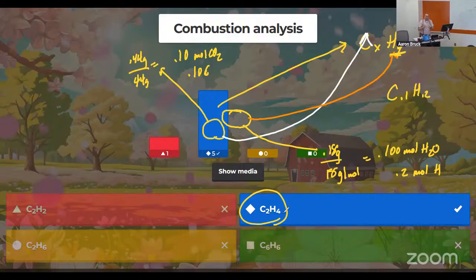But they're giving you that information so that it's easy to see what it is that you need to do. So be on the lookout for that kind of thing. If a problem seems like it is extra complicated, calculate that molar mass, see if the answer is hidden within the text. Chances are it probably is.